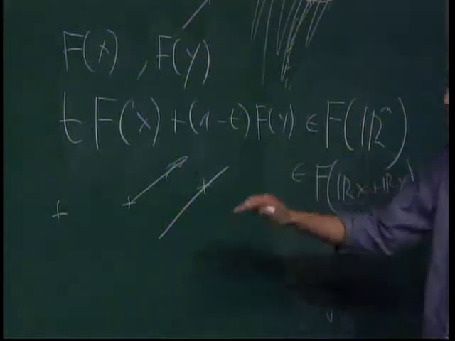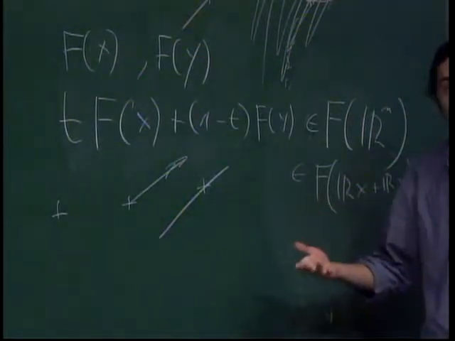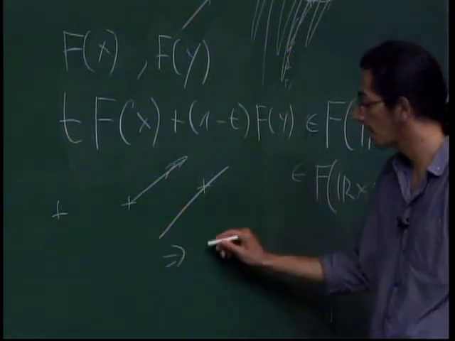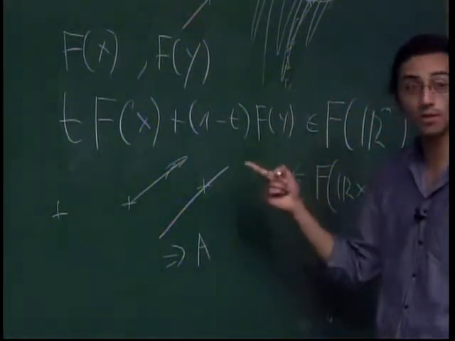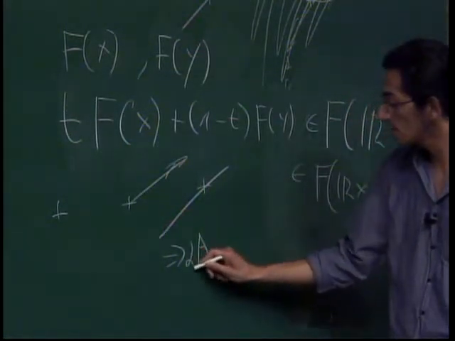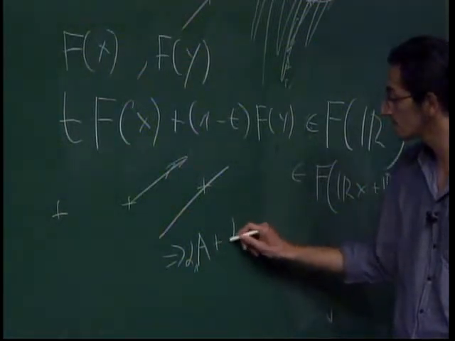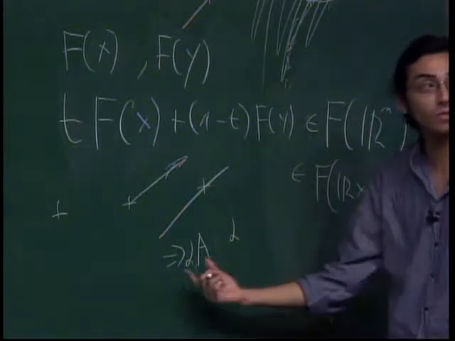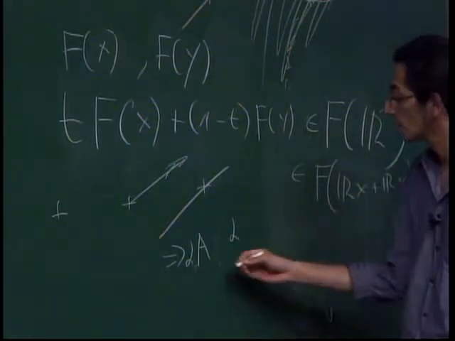Okay? These are the only sets that have empty interior in this context. So this allows us to conclude that when the set is non-convex, we need to have some linear dependence between the matrices. Okay?